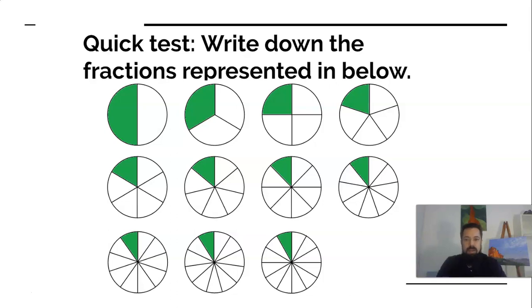You just need to count how many pieces there are altogether in the circle. And to find the numerator, you just need to see how many are colored in.